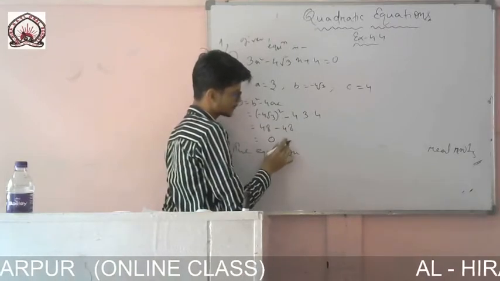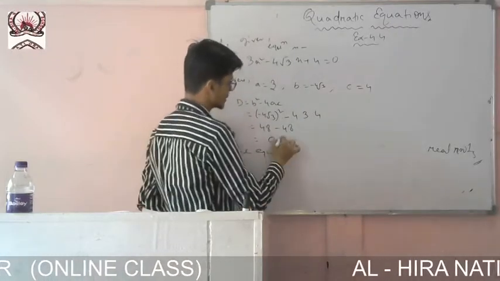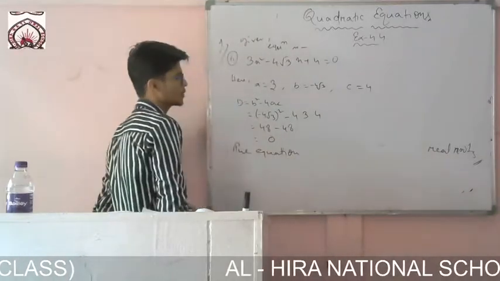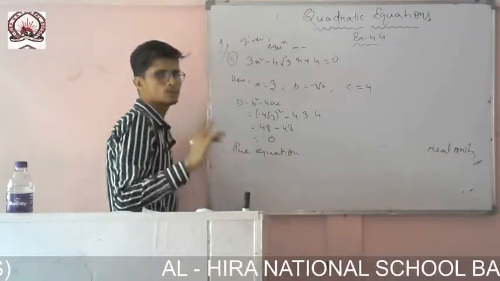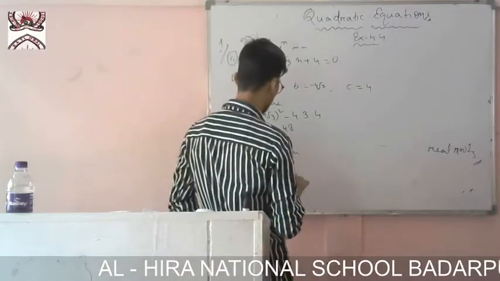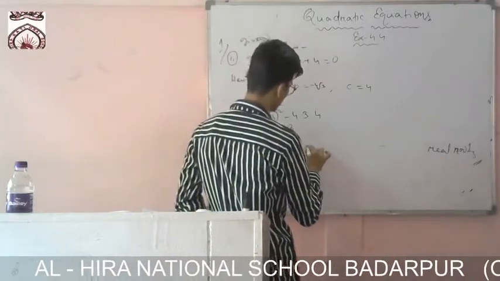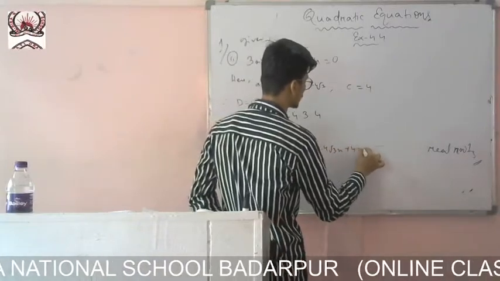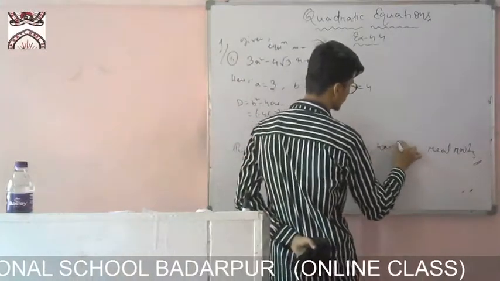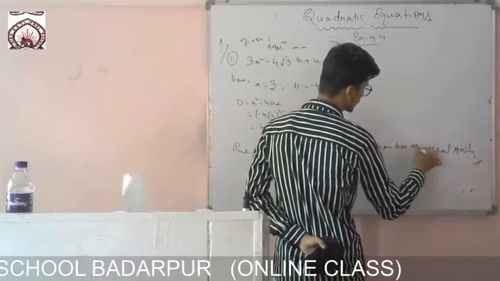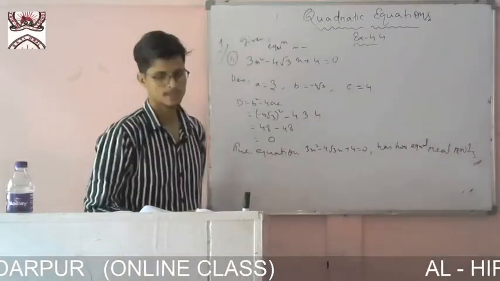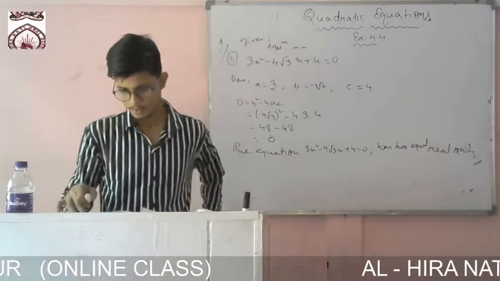So 48 minus 48 is 0, and since the discriminant is equal to 0, the equation will have two equal real roots. Therefore the equation 3x square minus 4 root 3 x plus 4 equals 0 has two equal real roots. If it is equal to 0, then it has two equal real roots.